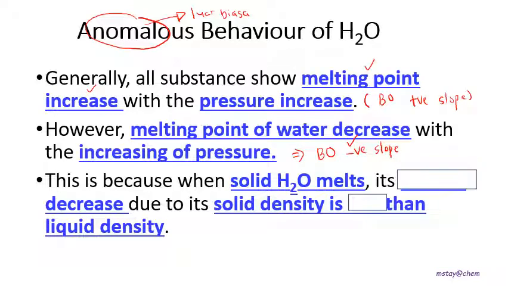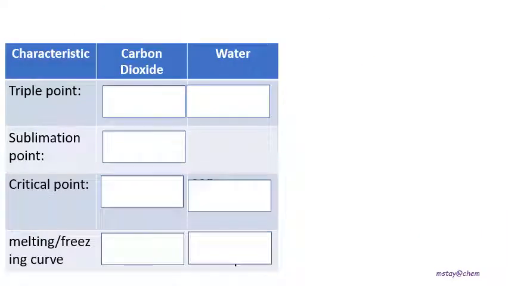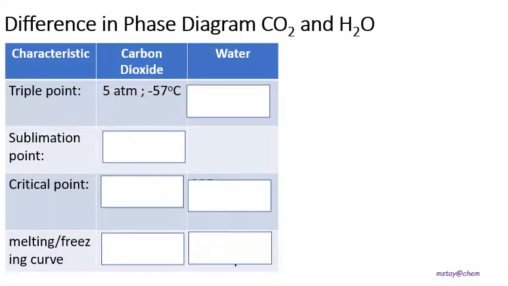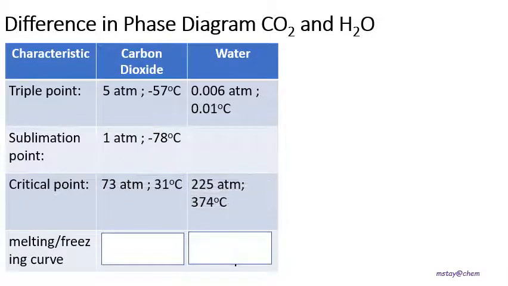This is because when solid water, meaning the ice, melts, its volume will decrease. This is what we discussed in chapter 4 before, because the solid density is lower than the liquid density. Now let's compare the difference between the phase diagrams of carbon dioxide and water. Like mentioned before, the triple point and critical point are different for each substance, including carbon dioxide and water.